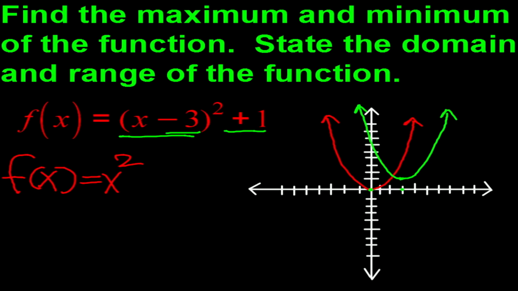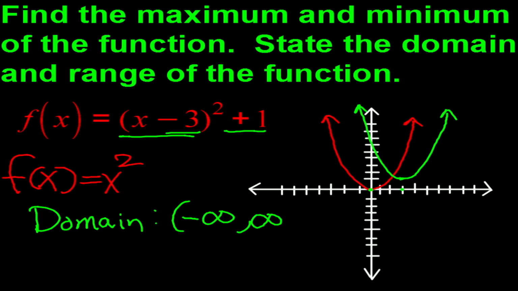That's the graph. Now, it asked me about the domain and range. The domain is the x values. The domain on any parabola is always from negative infinity to positive infinity. The range, on the other hand, are the y values. If you look at this, the y values don't start until positive 1 on the y-axis.